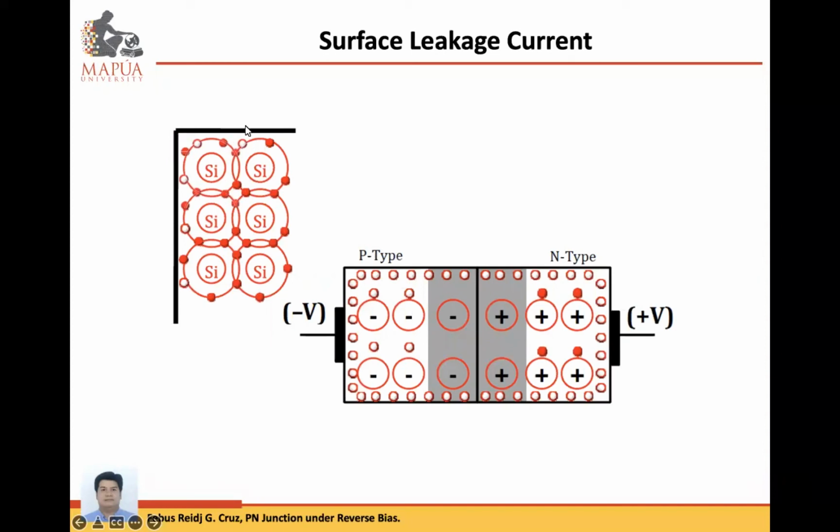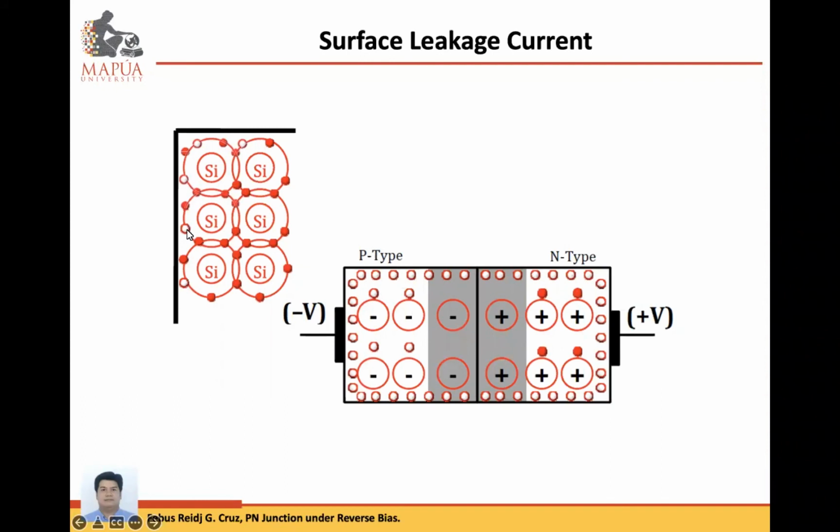So ang assumption natin, ito yung pinaka-boundary. Therefore, we will no longer have silicon atoms dito sa side na to. So the atom on the corner will have only 2 neighboring silicon atoms. So that means you'll have 2 vacant spaces, or you'll have 2 holes.